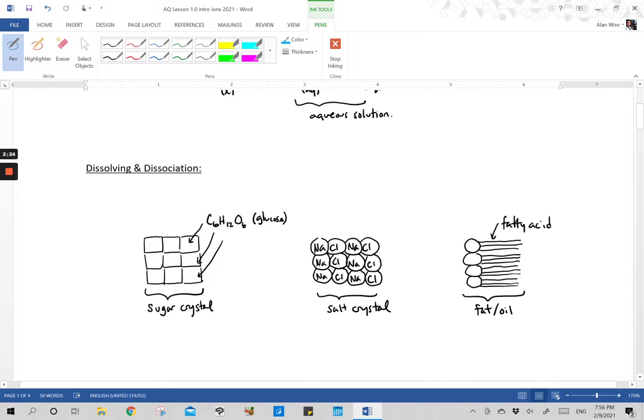If you remember, water is made up of oxygen and two hydrogens. Water is considered to be a polar molecule because one end of the water molecule is more negative and the other end is more positive.